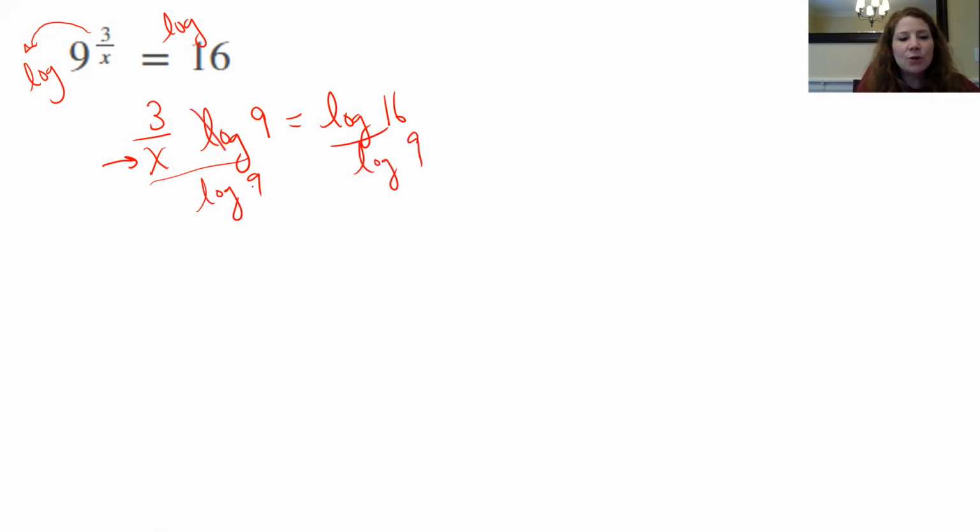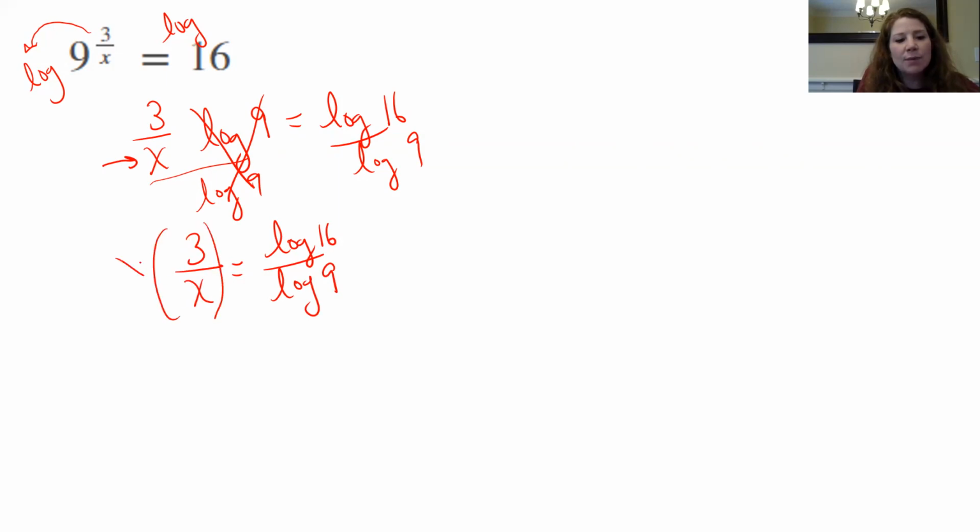All right, so that goes away. So basically we have 3 over x is equal to the log of 16 divided by the log of 9. And now how do I get rid of divided by x? Well, I'm going to multiply both sides by x. I'm sorry, I meant to say what is the opposite of divided by x, which means we're multiplying both sides by x. So this is gone.